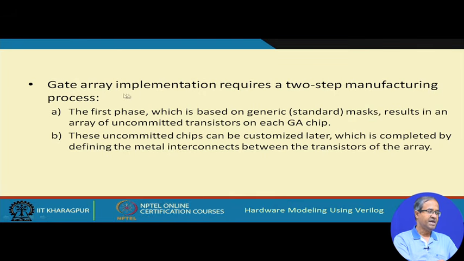So, for gate array implementation, we actually require a two-step manufacturing process. When we say manufacturing, that means we are trying to build something. Now, in a gate array chip which will ultimately implement or realize some functionality, there are two steps.